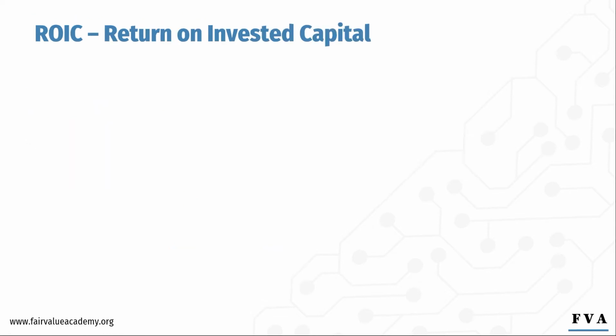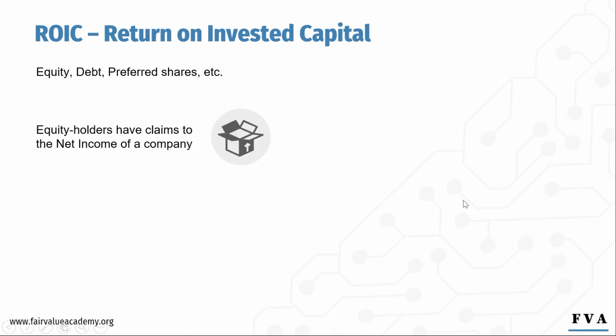What is ROIC? Invested capital includes equity, debt, preferred shares, etc. But for this lesson, I will focus on the main sources of capital, which is equity and debt. Equity holders have claims to the earnings after everyone else has been paid. So once you've paid everyone, once you've given everyone their share, what's left in the box is due to equity holders.